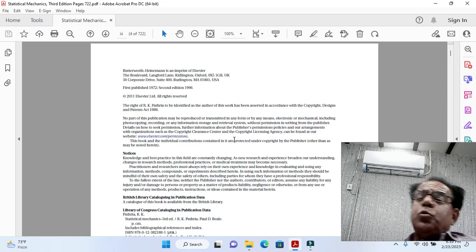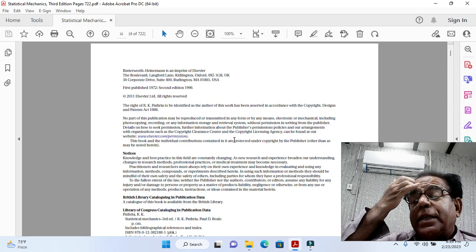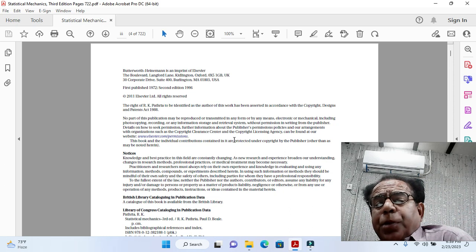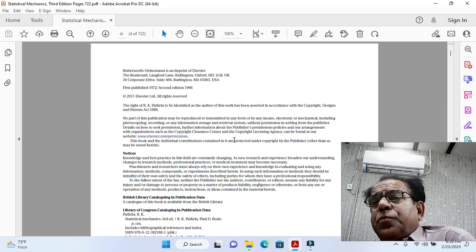So dear students, definitely this third edition becomes, in my opinion, according to the priorities which I usually assume while considering a book less authentic or more authentic, I see its first edition was so old.